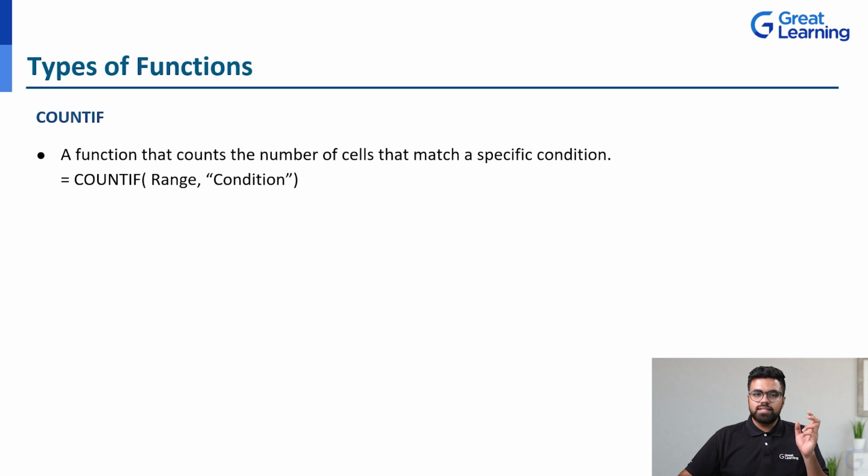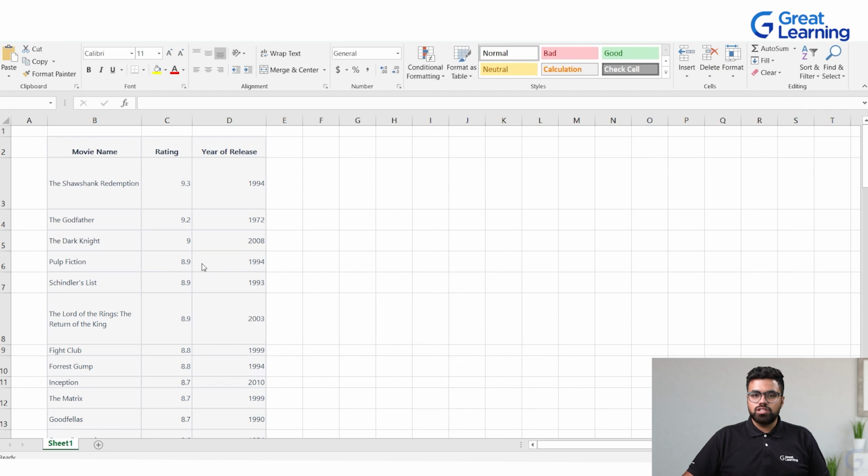Now, the basic syntax of a function in Excel is an equals sign, then the name of that function. Here it is COUNTIF. I'll type it out, COUNTIF, then open parenthesis, then the range I would select. So how do we select the range? Let's say you have this data that we created.